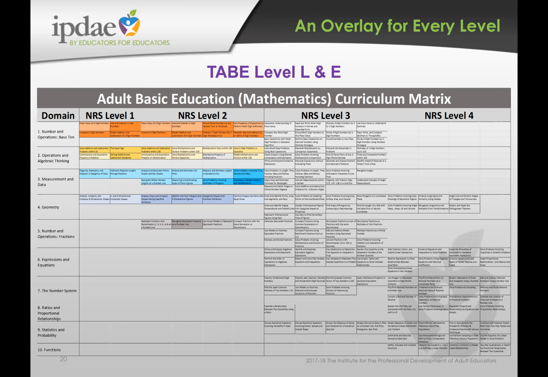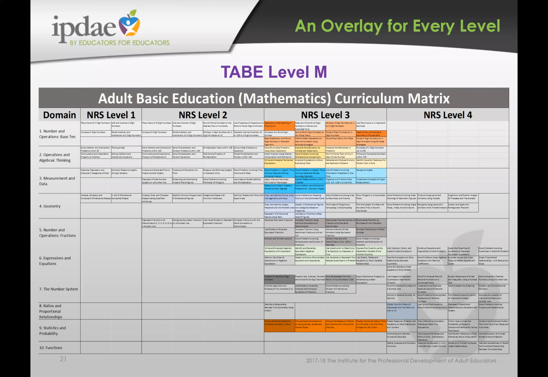We also created the same version for level M. As you can see in here, the level M test pretty much will cover your NRS level 3 standards. NRS level 1 and 2 are now grayed out, or plain white or gray in this case, and your level 4 is also grayed out, and then you have your NRS level 3 here.